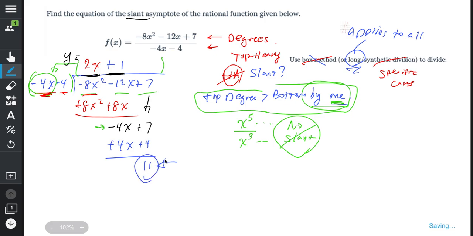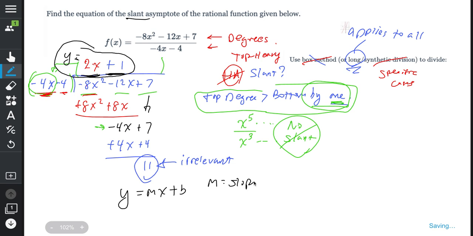But this is irrelevant, because now we have the equation of a line. And you've got to remember back to Algebra 1, y equals mx plus b form. m is the slope, which is rise over run, and b is the y-intercept.